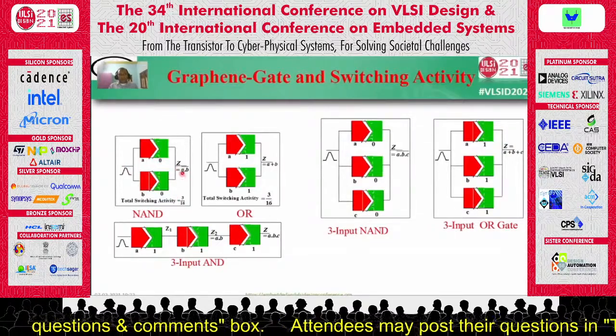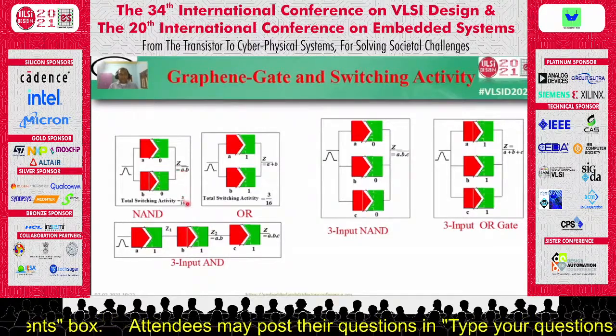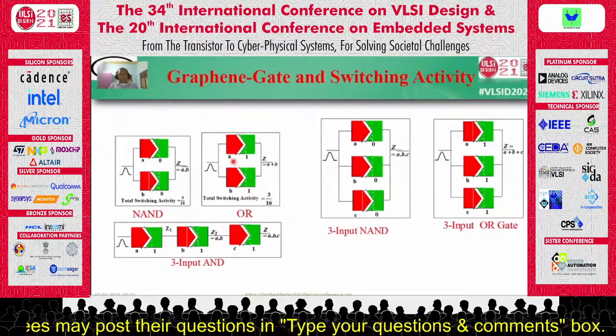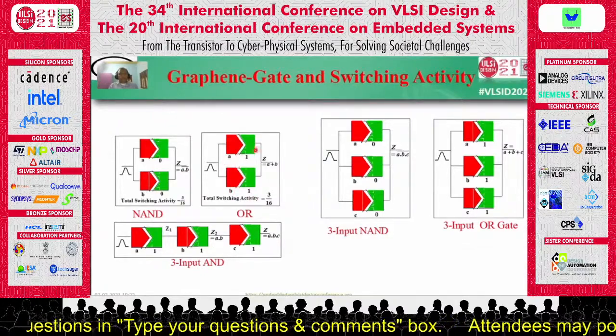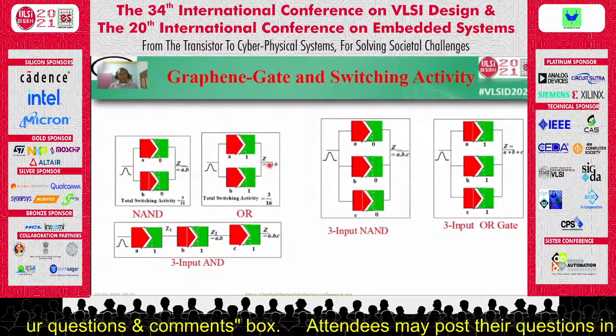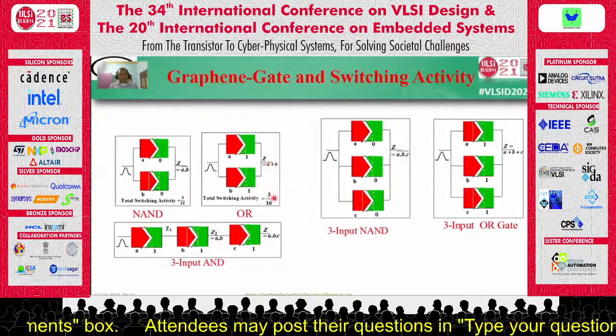In this case, the switching occurs at the node Z only. That is why the switching activity is 3 by 16. This is the graphene OR gate. In this case also, if either A or B is 1, the path is established, and the switching occurs at the node Z only. So the switching activity is 3 by 16.